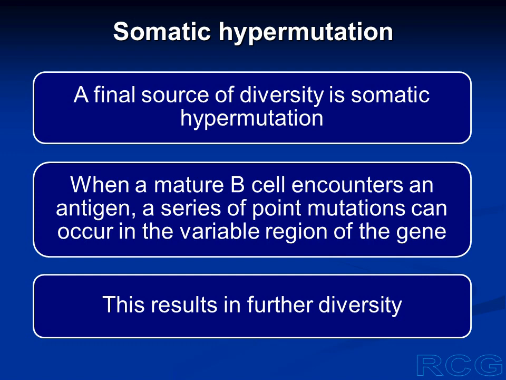Because of point mutation, bases are substituted. And when bases are substituted, amino acid sequences are changed. So this results in further diversity. So the antibody diversity arises from combinatorial diversity, junctional diversity, and somatic hypermutation.